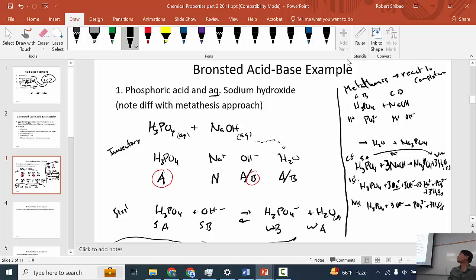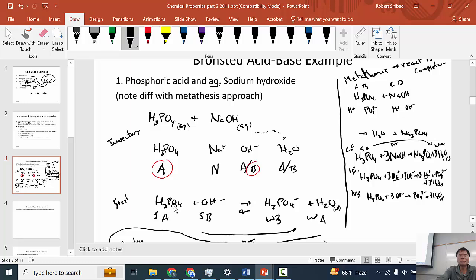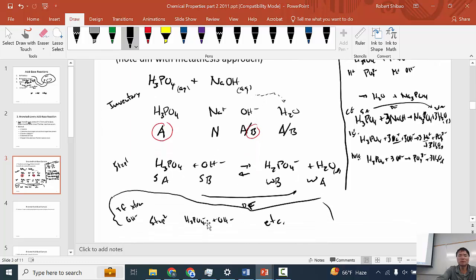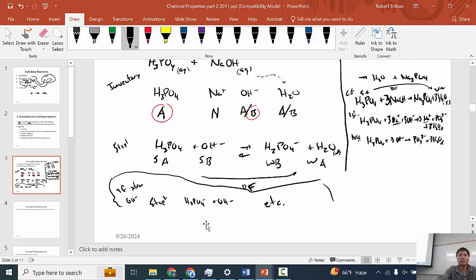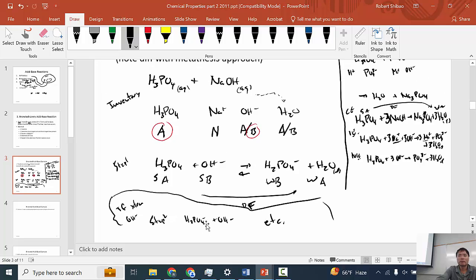So in metathesis, we react to completion. In Bronsted, if we want to react it to completion, we'd have to do 3 steps. Step 1, we neutralize the first proton. Step 2, we neutralize the second of the remaining protons. And step 3, we neutralize the last proton. Okay, is that clear for this?